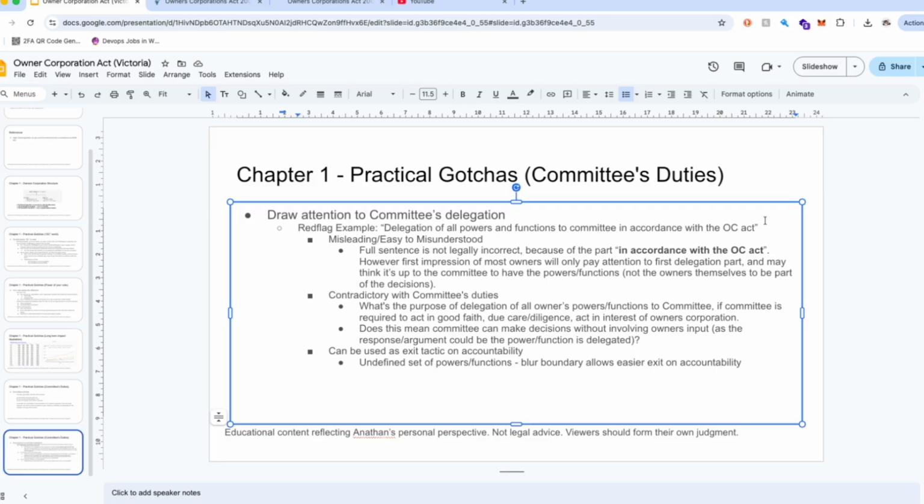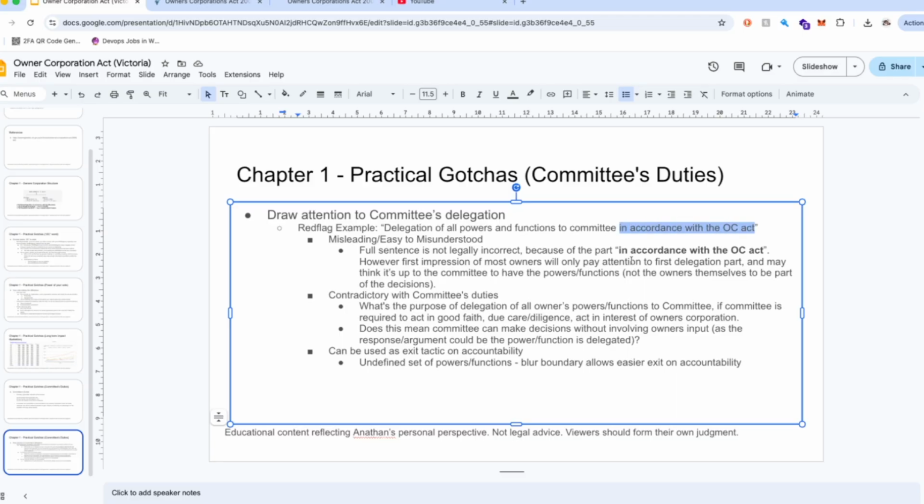But I just want to highlight that this term can easily mislead the owner or make the owner misunderstand. The owner may just think about the first part, and most owners, who don't want to know the OC Act in detail, will just forget about this part.